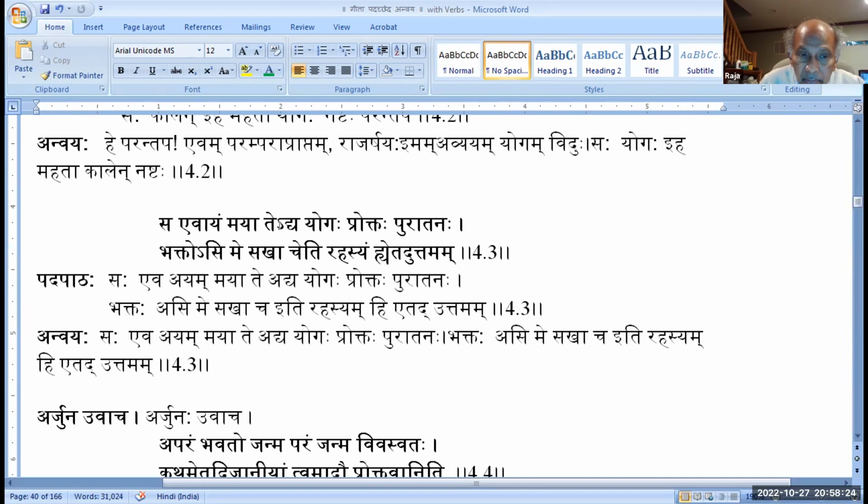Sa evayam maya tedya yoga prokta puratanaha bhaktosi me sakha cheti rahasyam hetaduttamam. Now I break this. Saha eva ayam maya te adya yogaha proktaha puratanaha.